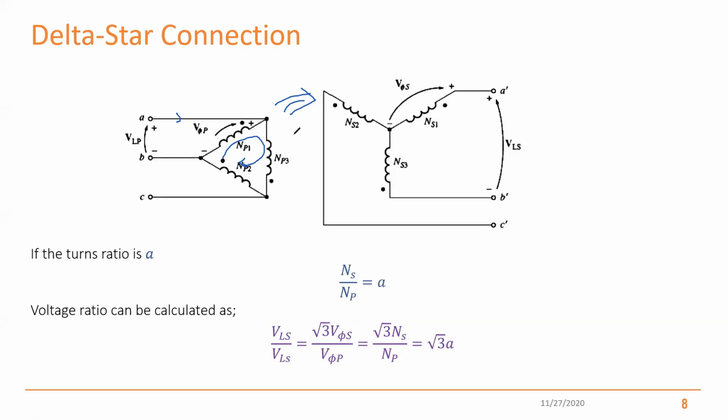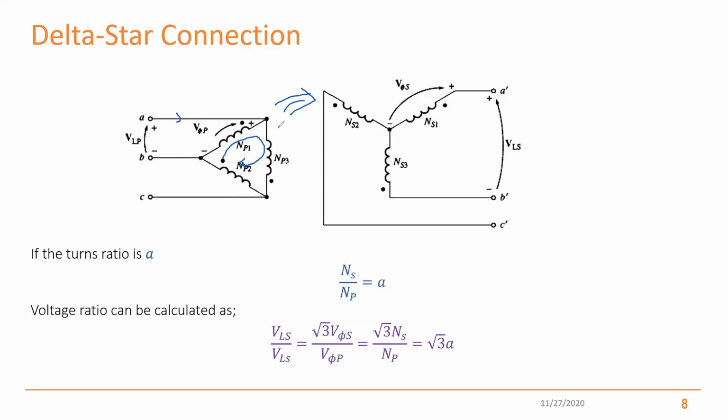There's not much more to say, because it is very good and doesn't have any drawbacks like the star-star connection. There is one small problem, which is phase shift between primary and secondary. That is the only issue associated with the delta star connection.